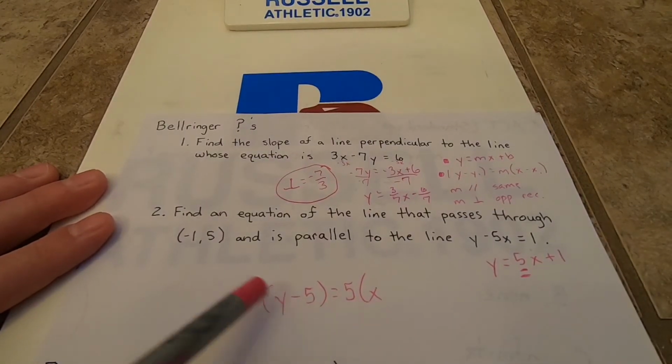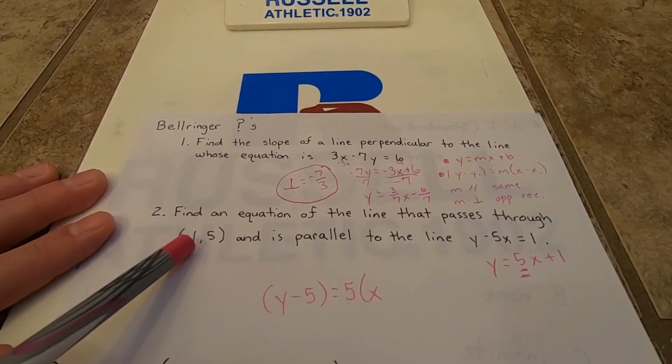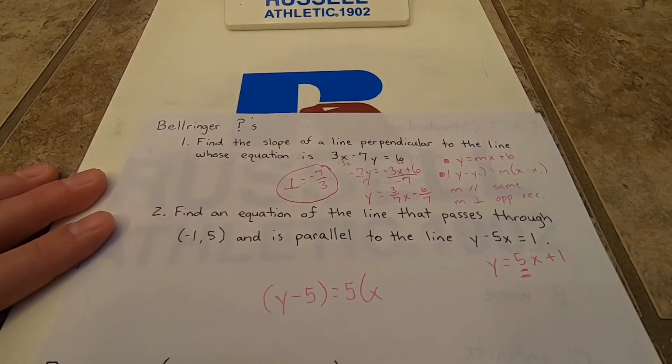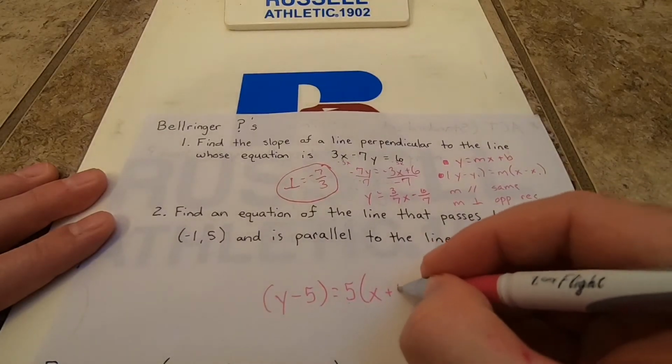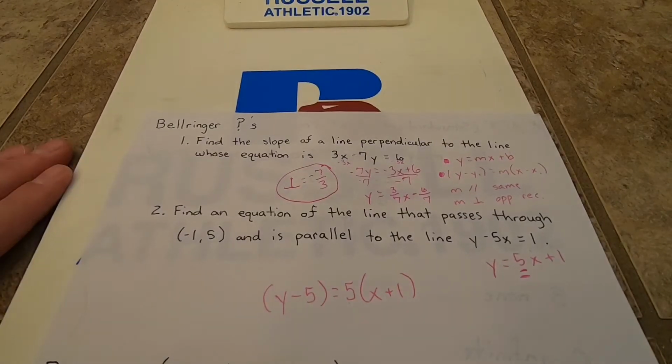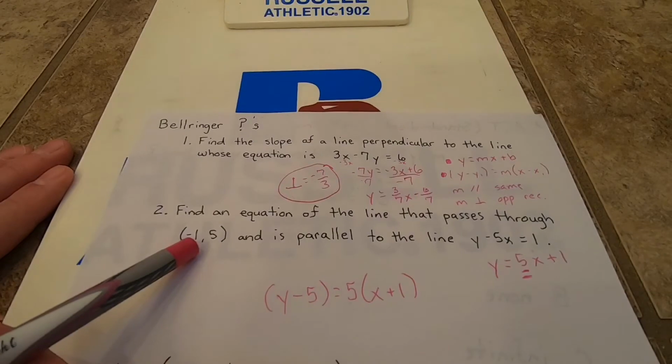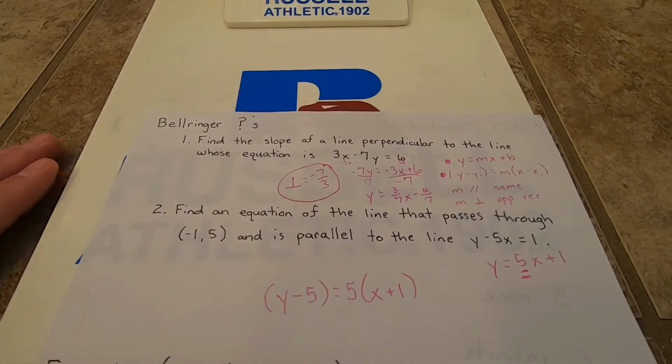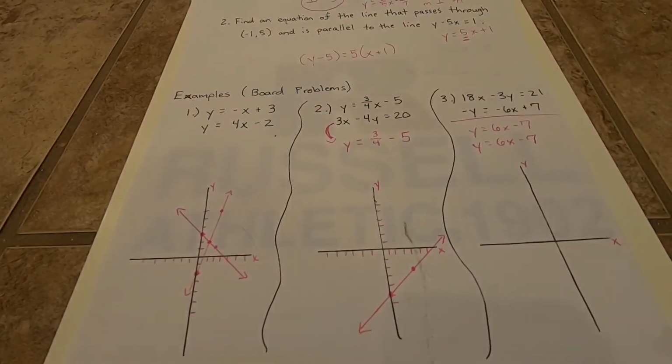Well, when we are subtracting a negative like we would be here, anytime you subtract a negative, it will change that to be a positive. So I'm going to go ahead and put plus 1 here, and we have done what the question asked. We have found an equation of a line that passes through this point and is also parallel to the line given. All right, we'll go over a few examples of what this looks like.